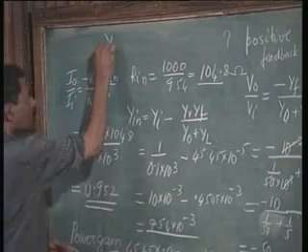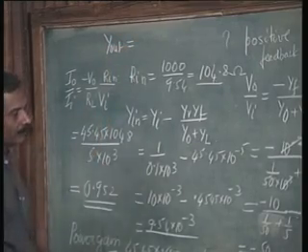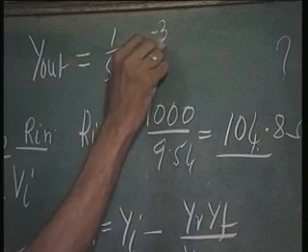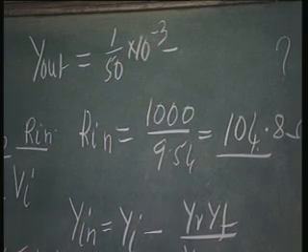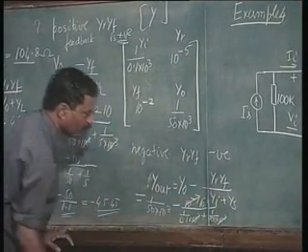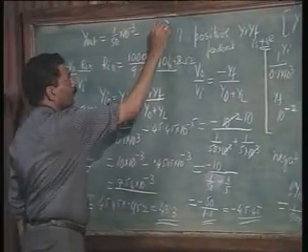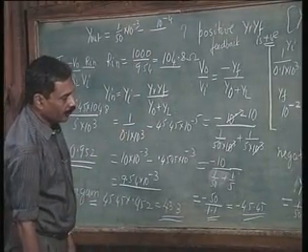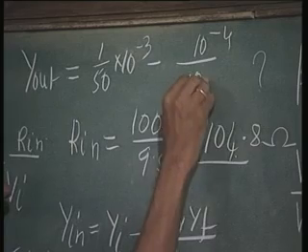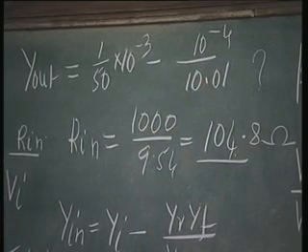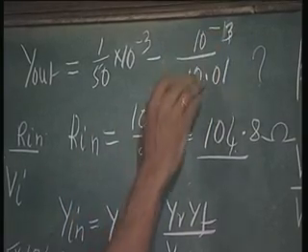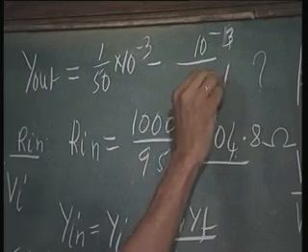So Y out is going to be equal to 1 over 50 into 10 to the power minus 3 minus, now this 10 to the power 3 goes, 10 to the power minus 4, so 10 to the power minus 4 divided by 10.01.